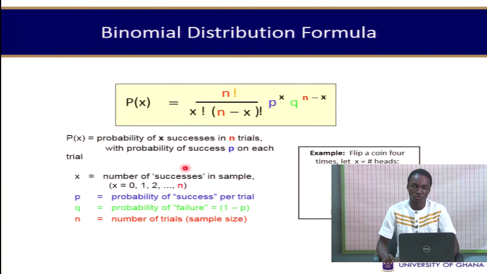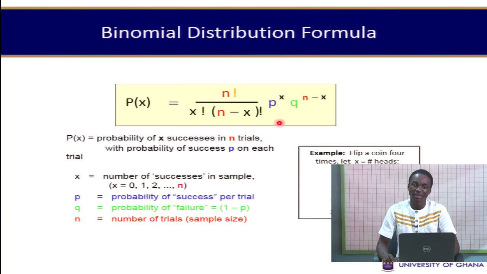Then it means that your n is the number of times you've written the exam, which is 4. Your x is the required probability. Let's say that you are looking for the chances that you pass in 3 out of the 4. So your x is 3.